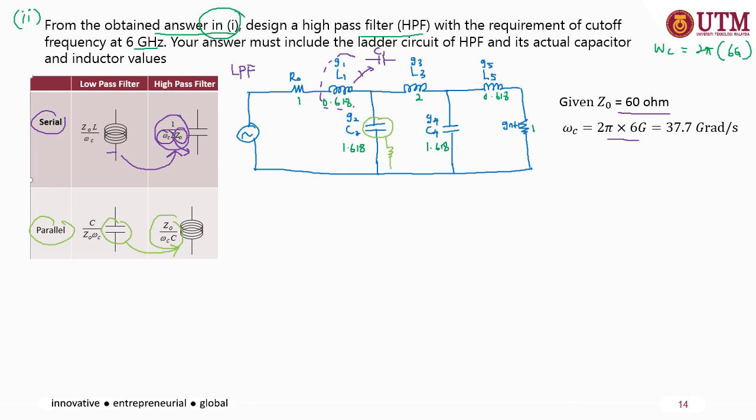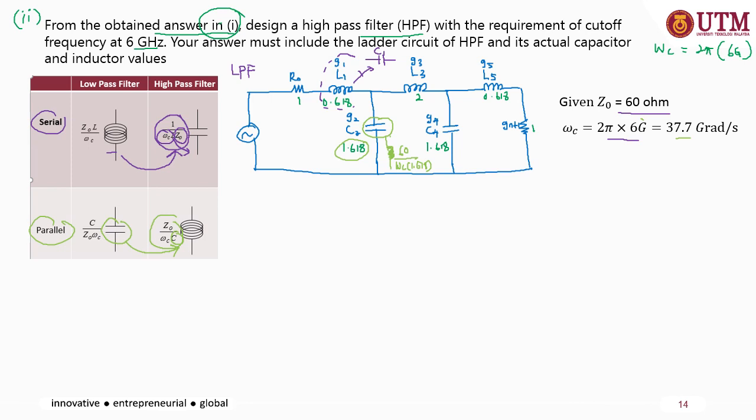It's Z0, 60, divided by omega C, the value 37.7 giga, times C, the current normalized component, 1.618, right? So you get the actual value of the actual component, in this case the inductor.